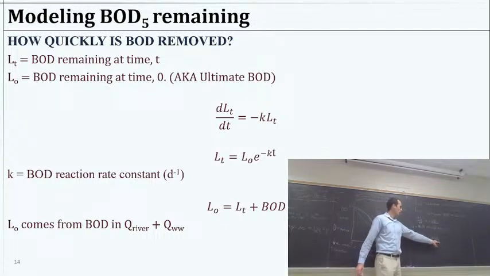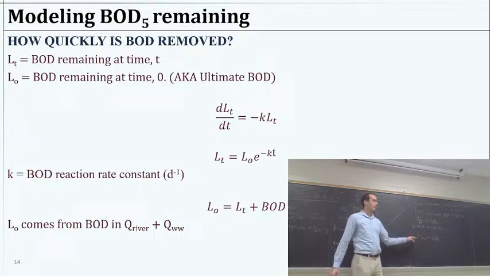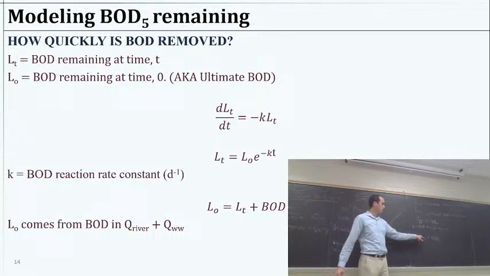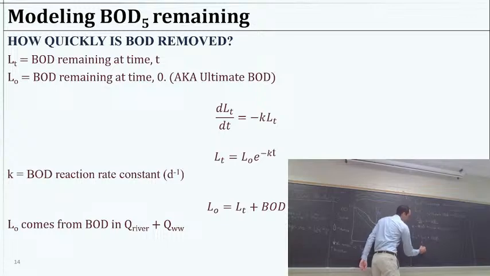So if we checked at 3 days, the ultimate is going to be equal to the amount remaining at 3 days plus the amount that had been consumed in 3 days. So in that sense, hopefully this is helpful. This is remaining, and this is something we measured that was that much consumed.